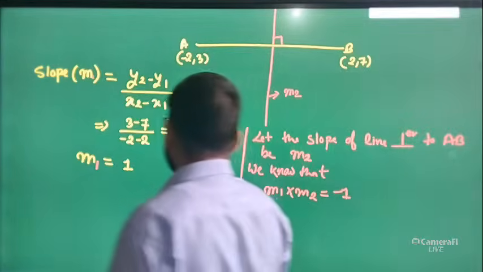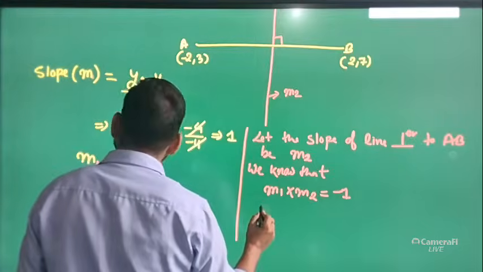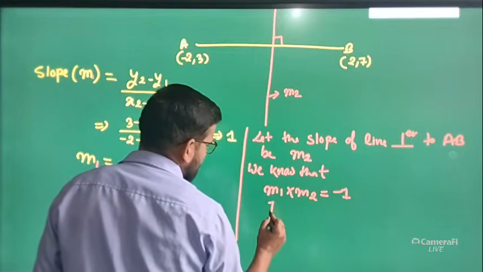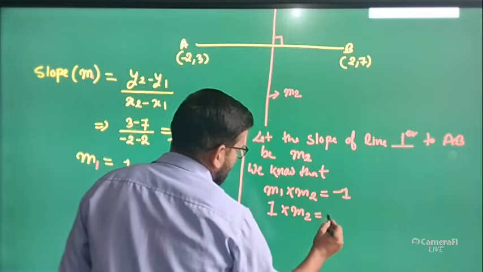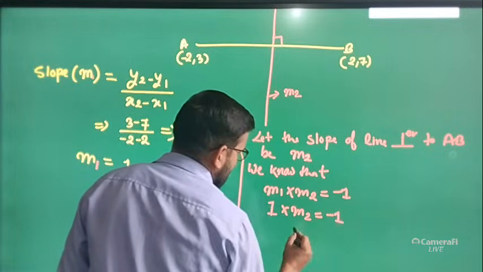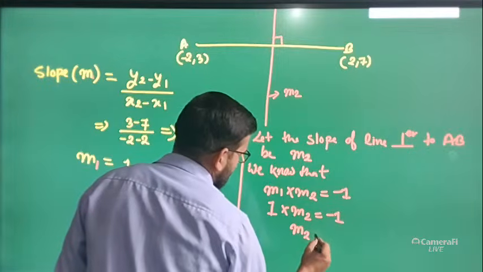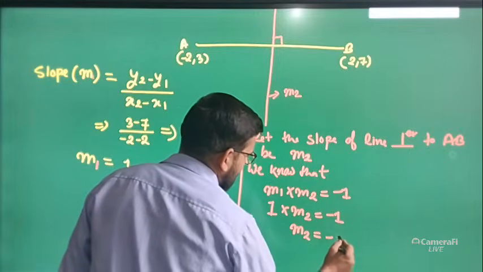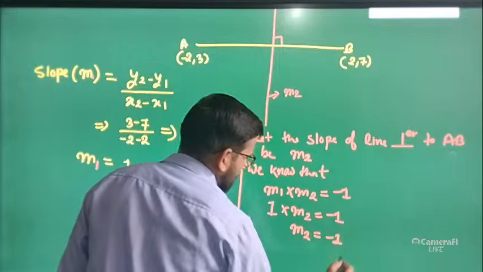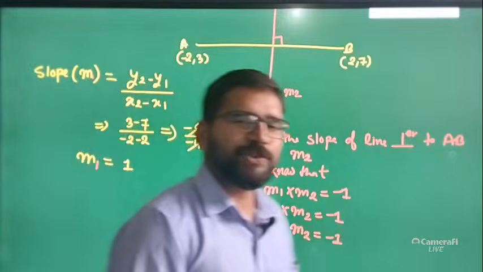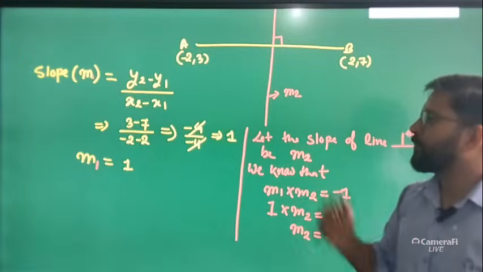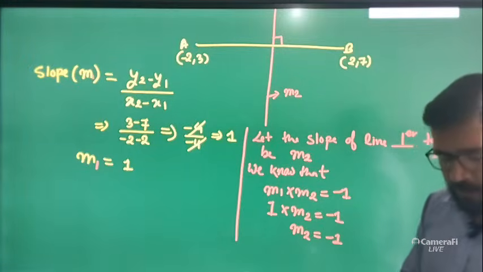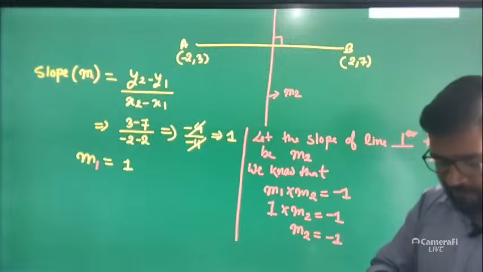M1 we have already found, and that is 1. M2 we have to find. So from here M2 will be minus 1 upon 1, that is minus 1. So this is a very easy question. I hope you understand. These are just for the basics. I hope you all must have learned something from this.